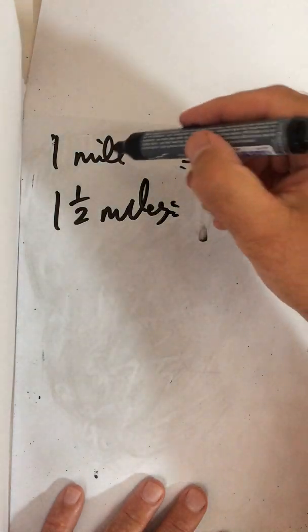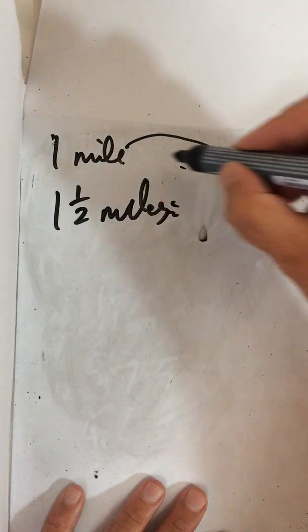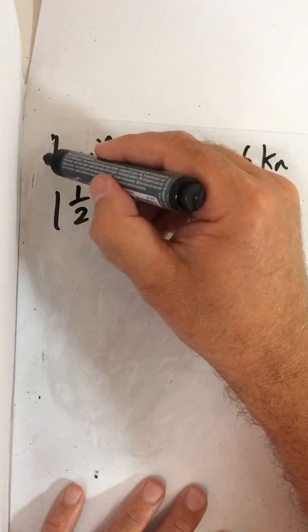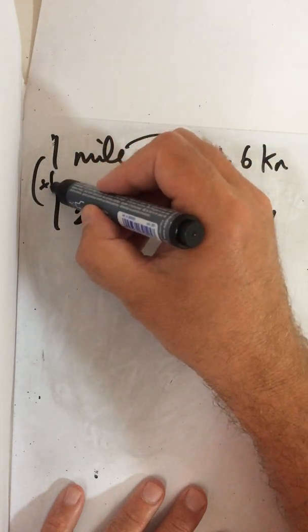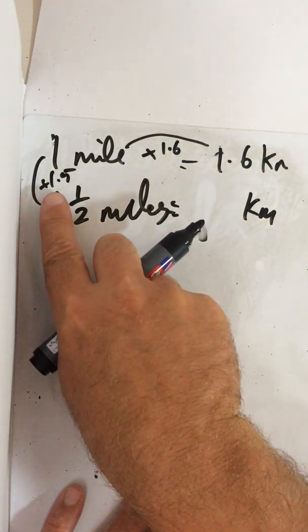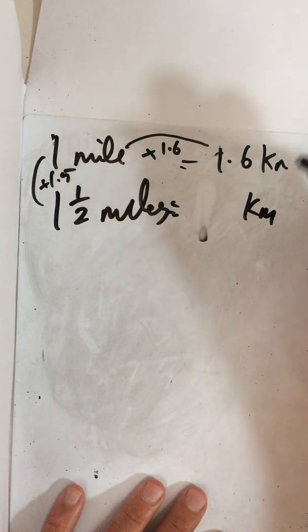To get from a mile to a kilometer, you times by 1.6. Or I can do it here, to get from 1 to 1.5, I'm timesing by 1.5. This is the easiest way to go, isn't it? Timesing by 1.5 is easier than timesing by 1.6, although in the end you do the same thing really.